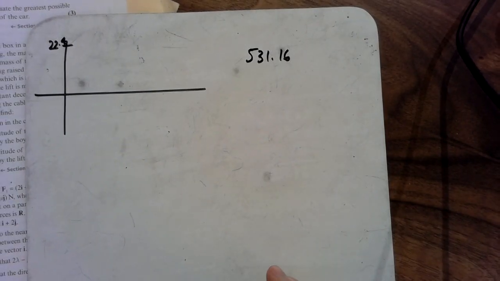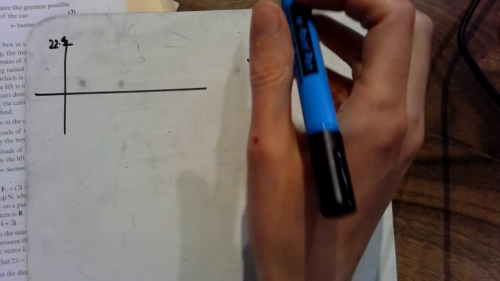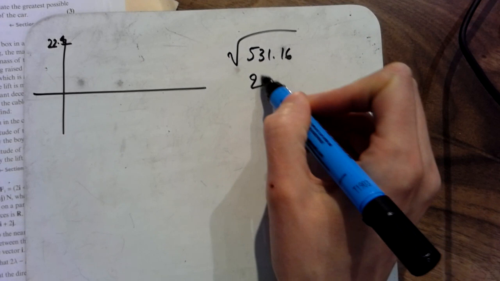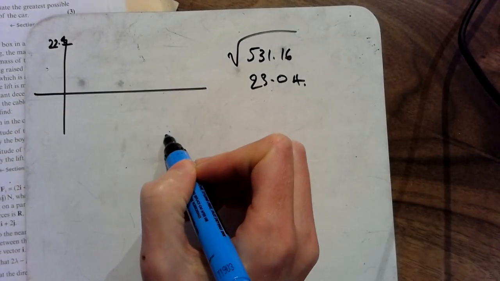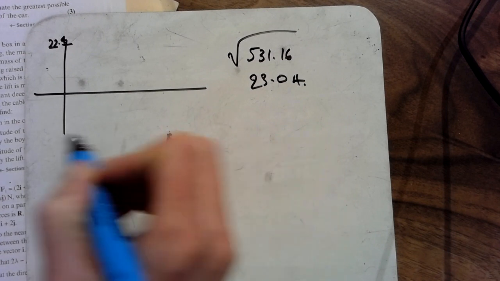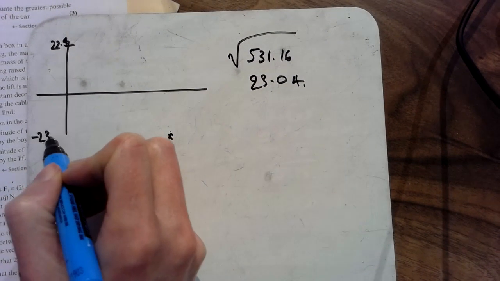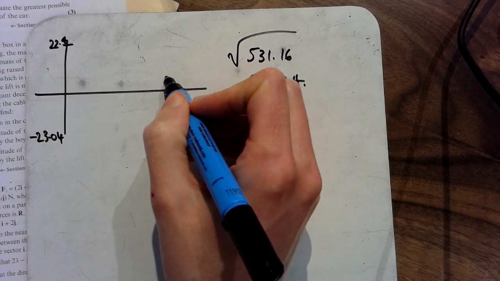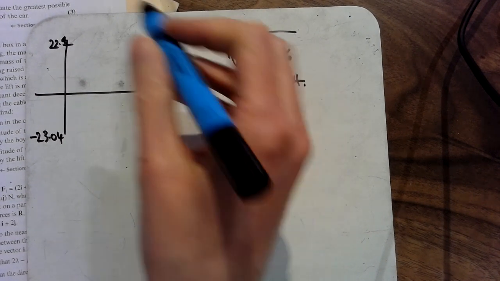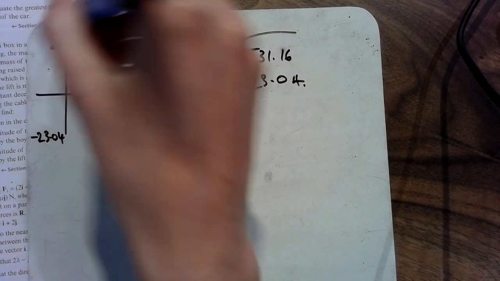Which is 23.04. And that was going down, so it'd be negative. And we found the time it takes to hit the floor, which is 4.64 seconds.